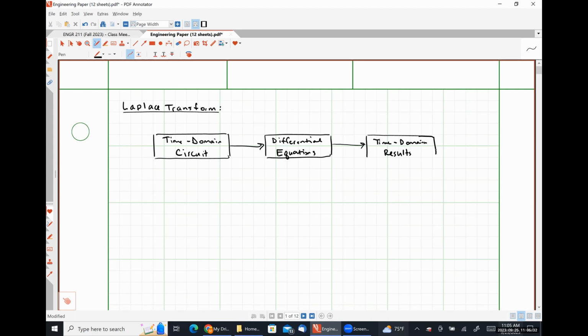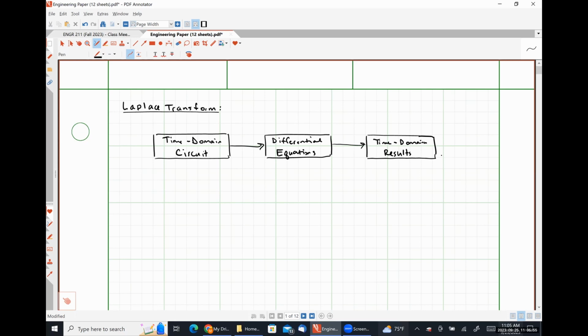So for those of you that had me for circuits 1, this little signal flow diagram right here effectively represents what we did prior to learning about the concepts of phasors and impedances and all that kind of stuff, right?